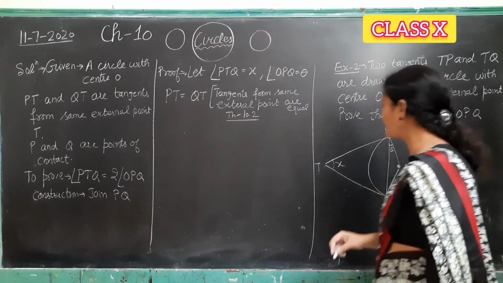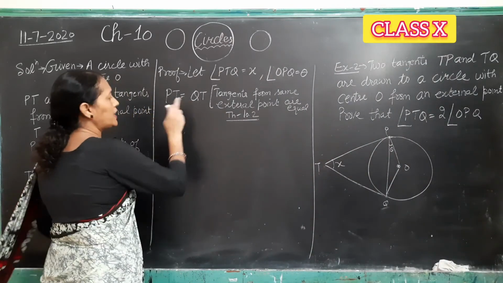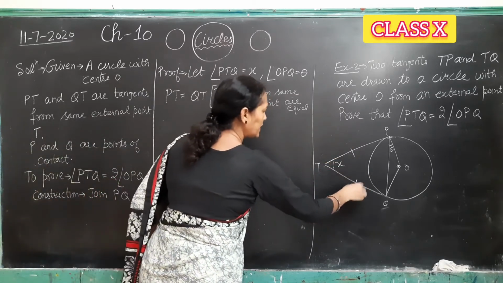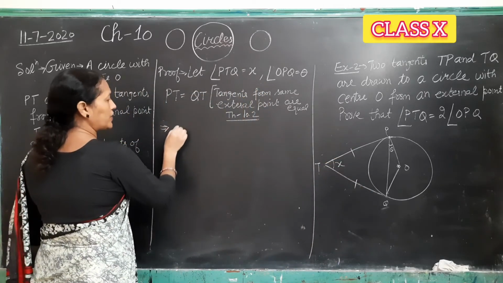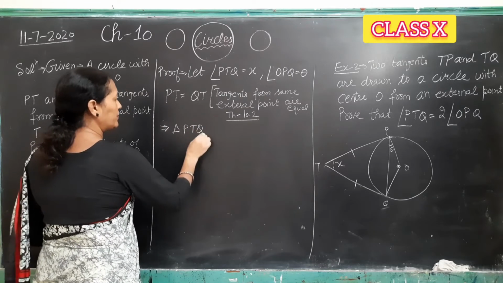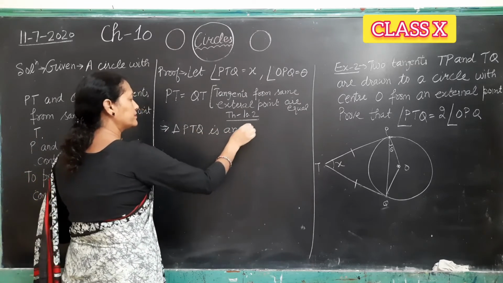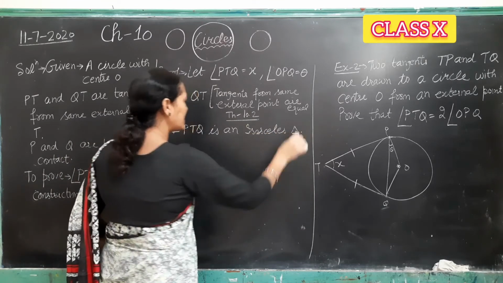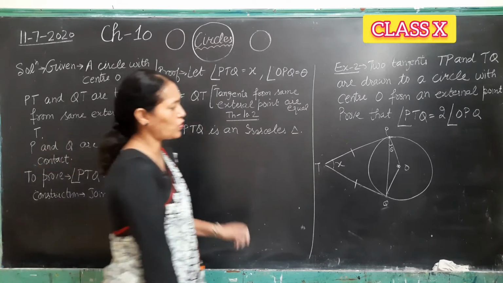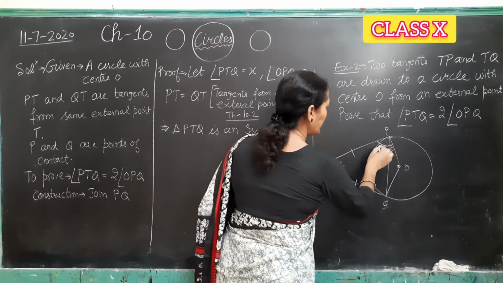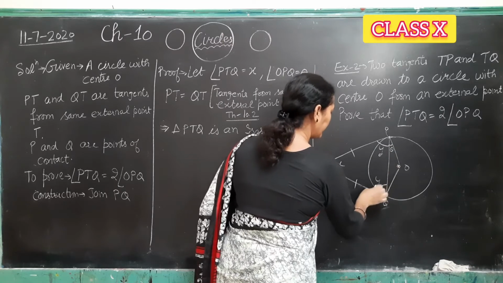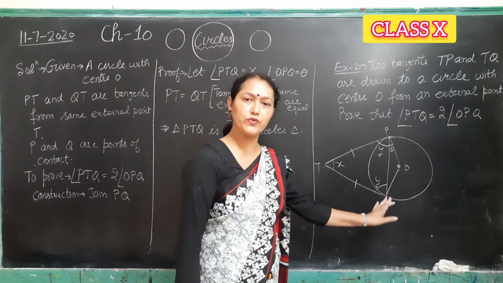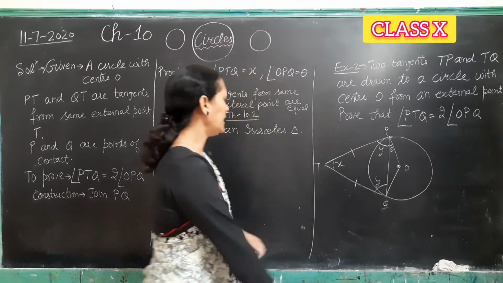In triangle PTQ, PT and QT are equal, that means triangle PTQ is an isosceles triangle. A triangle having two equal sides is an isosceles triangle. Then opposite angles will be equal. Let us take them equal to y.